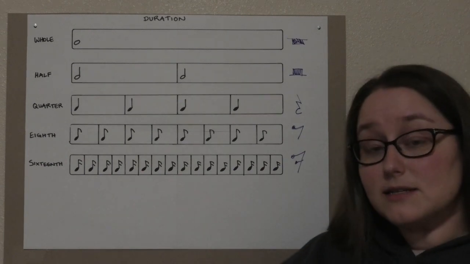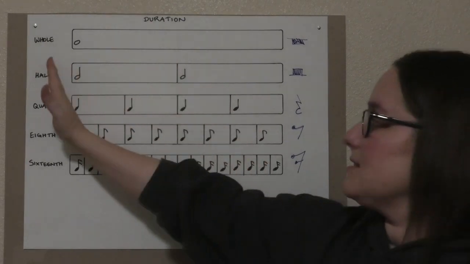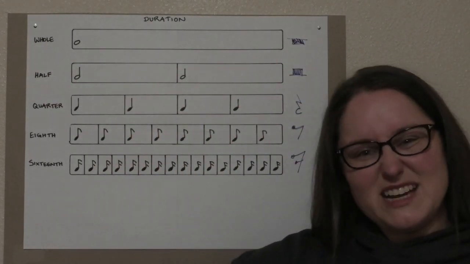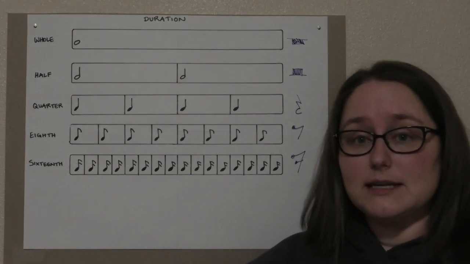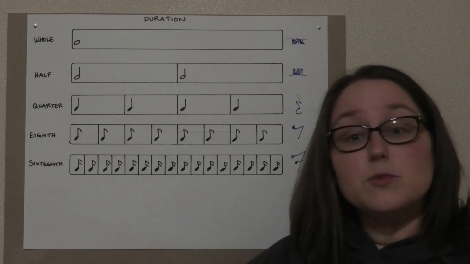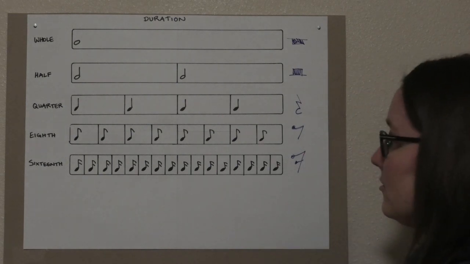I do have a link in the slides to the tree format, where it's kind of like this, but instead of the left to right sort of feel, it starts with the whole note at the top and then kind of makes a tree out like this to the shorter notes. So if you prefer that one, you can totally use the link in the slide. I think it's 1 Minute Theory that put it out. But you can print those out, and those are useful as well. Always nice to have around.